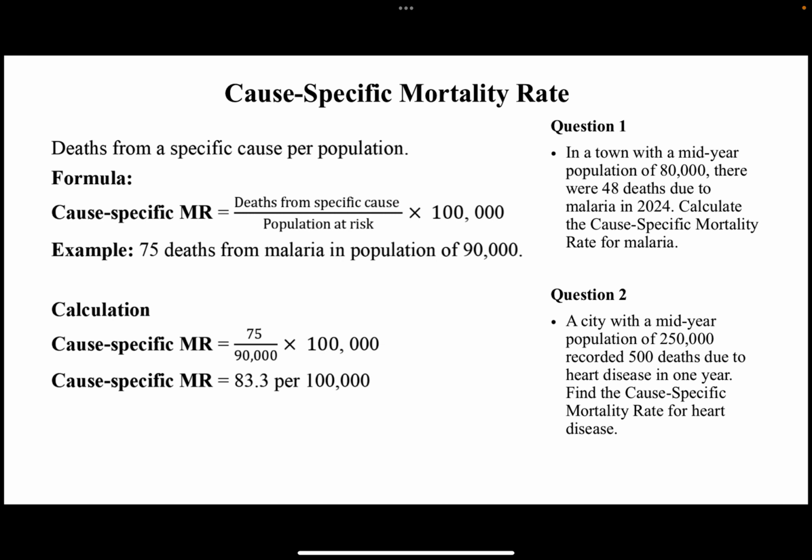You can calculate the cause-specific mortality for malaria in a particular region, then calculate the cause-specific mortality for the same condition in another region, and compare that: within this period, there's the cause-specific mortality for malaria in town A, and in town B. Is that okay?